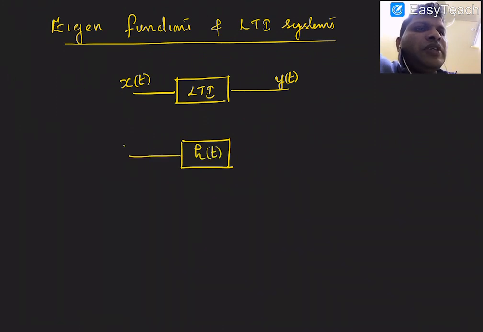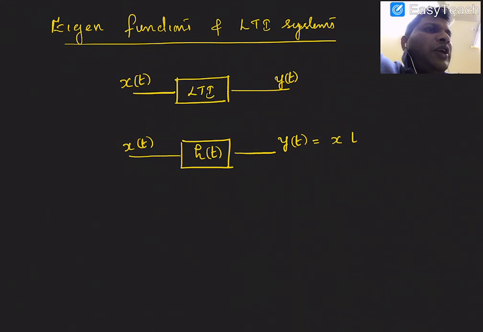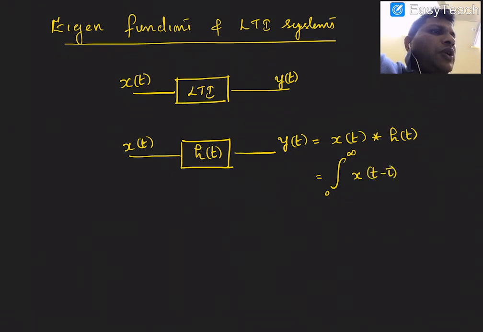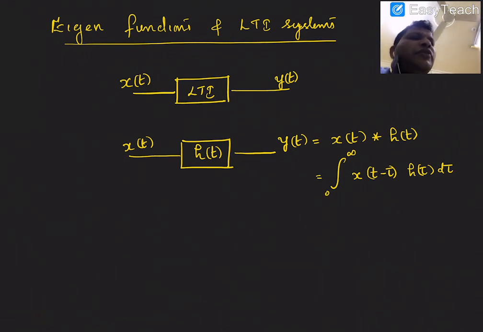That means you have the input x of t and the system h of t, and y of t is given as x of t convolution h of t, which is nothing but the integral from 0 to infinity of x of t minus tau into h of tau d tau. This is by the definition of convolution.